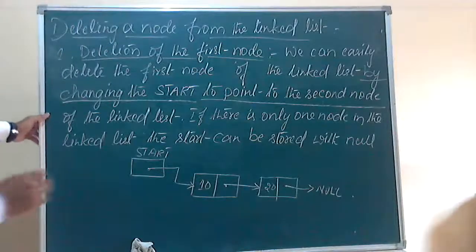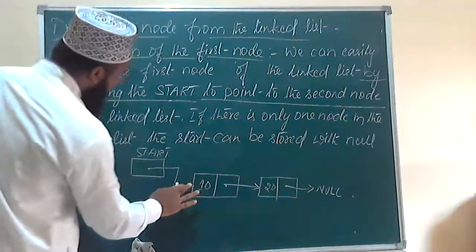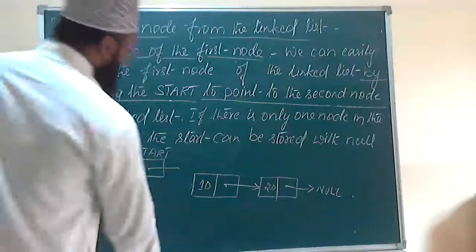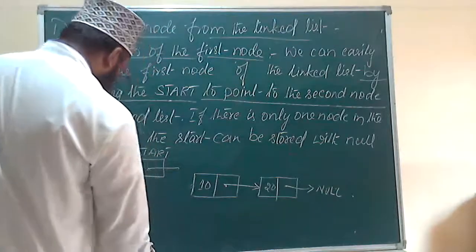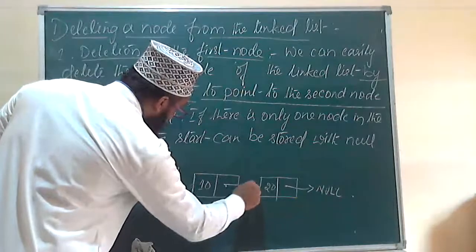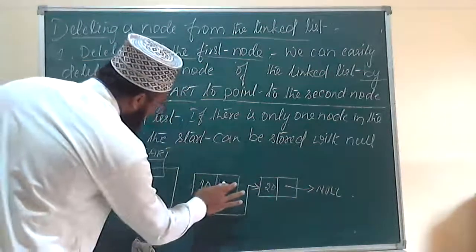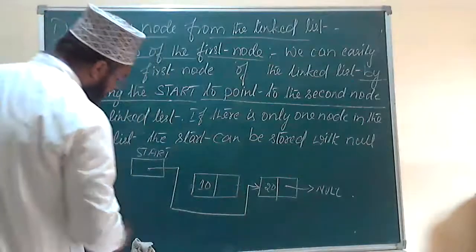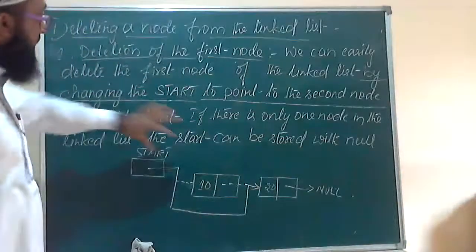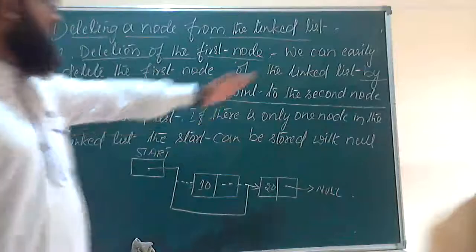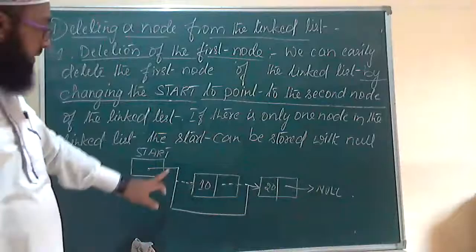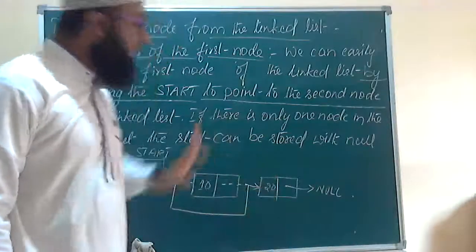We will change this pointer and make it connect to the second node. At that time, the first node of the linked list is going to be deleted by changing the start point to the second node.